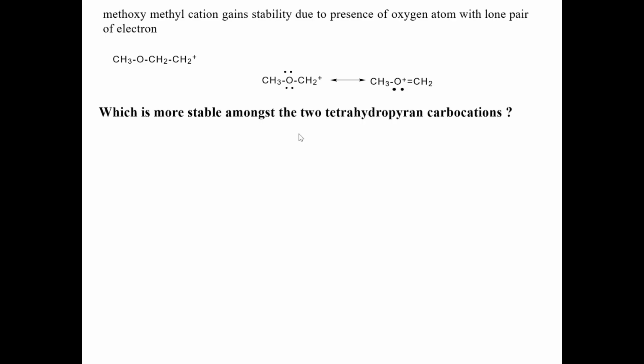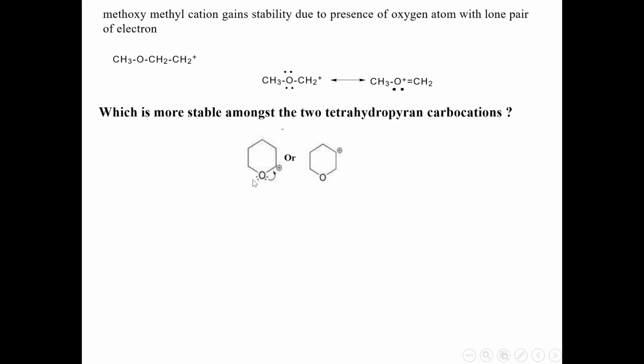If I take tetrahydropyran, this is a carbocation at the second position. And here, this is also tetrahydropyran where the carbocation is at the third position. First, second, third. It is at second position, this is at third position. Which will be more stable?